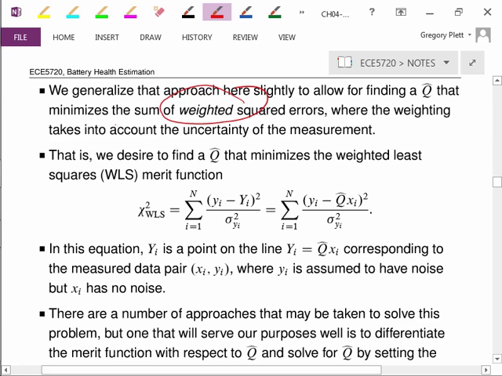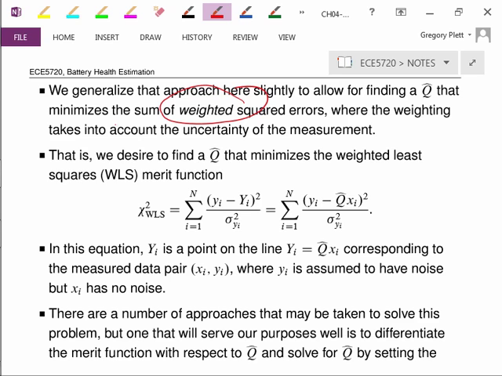Whenever we do an optimization, we need to find a function that describes the cost of making an error in our optimization. And so we call it a cost function, or a merit function sometimes, if you want to think about it in the opposite way.